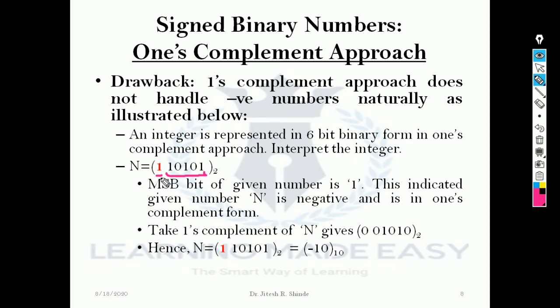Since the number is negative, it is represented in one's complement format. So we have to obtain the one's complement of N to find the exact magnitude of the number. We carry out this process only if the number is negative.